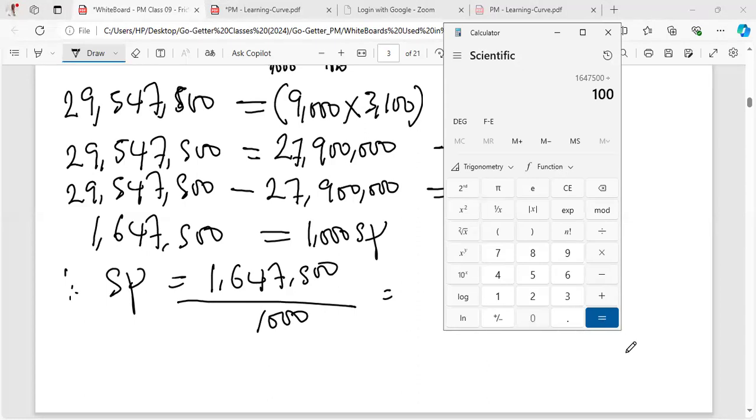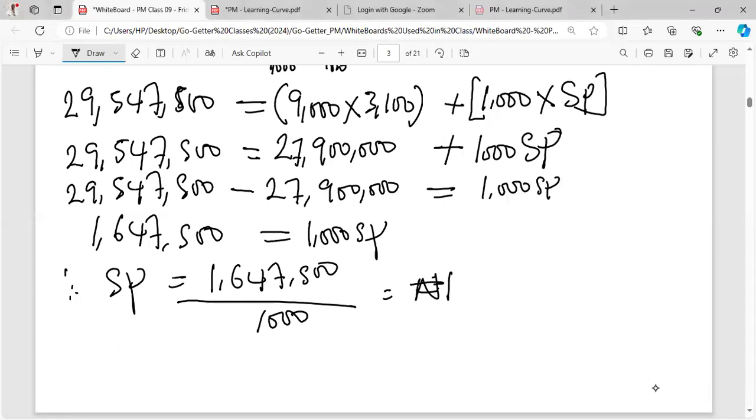That will give me 1,647.5, or I can say 0.50. Someone can say 1,648. Any one you do, you are correct. So that shows you here that you have used your learning curve to get all of this together.